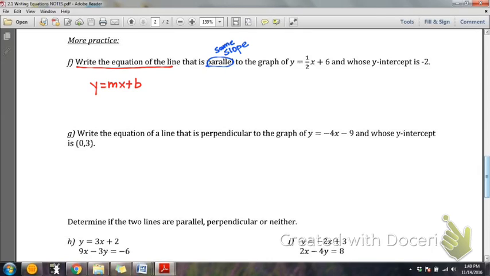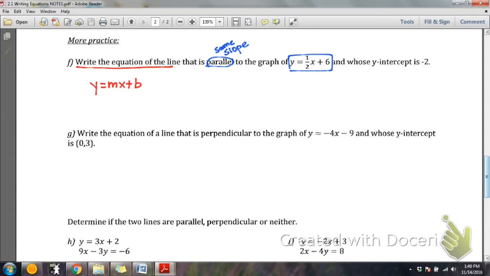So as this graph, y equals 1/2 x plus 6. The only reason I need this equation is for what purpose? No. Not yet. For the slope. That's the only reason why I need this equation, is for the slope. What is the slope here? 1/2.